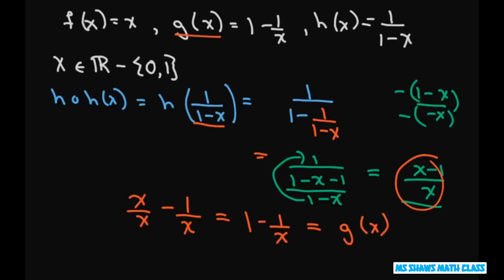So now what we're going to do for our Cayley table, we're going to write f of x as f, g of x as g, and h of x as h and form a Cayley table. And this is under composition. So we write this circular mark, and we have f, g, and h across the top and down the side.